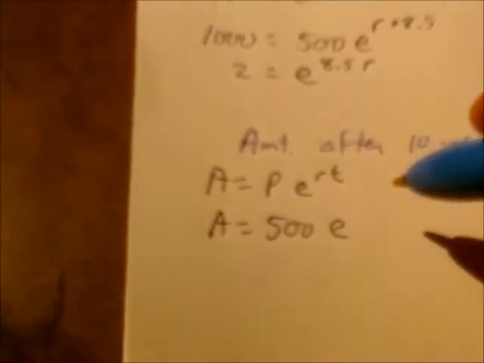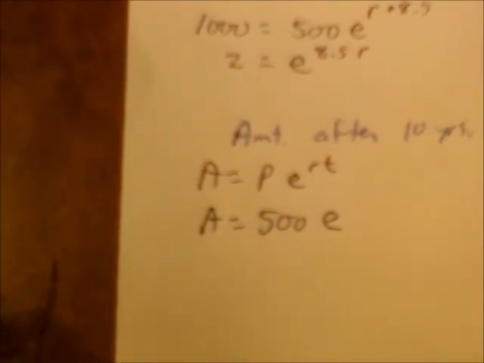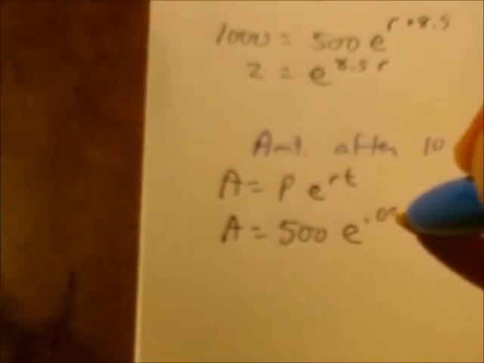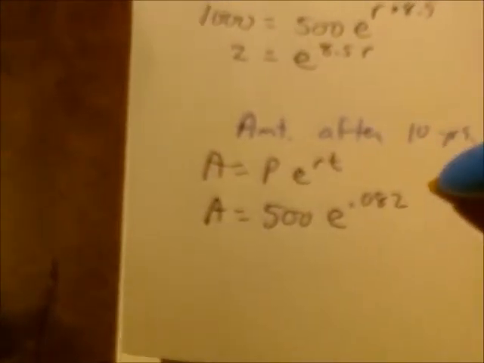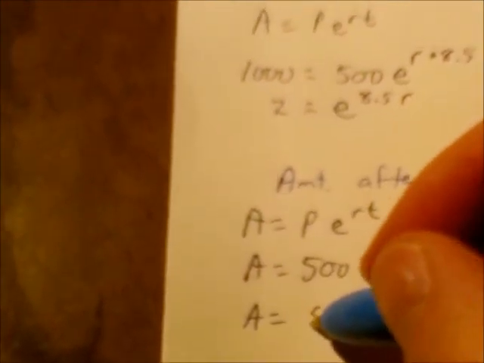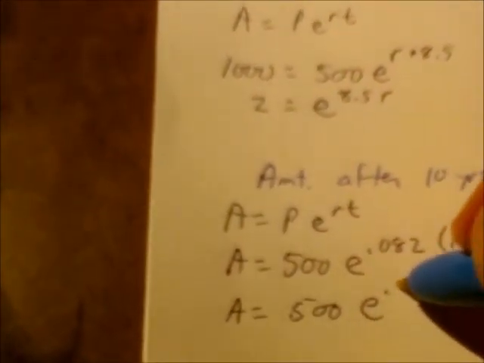So we have $500 e to the r, which we found is 8.2%, so 0.082, and the time is 10 years. So we multiply 10 by 0.082, which is 0.82. So A equals 500 e to the 0.82.